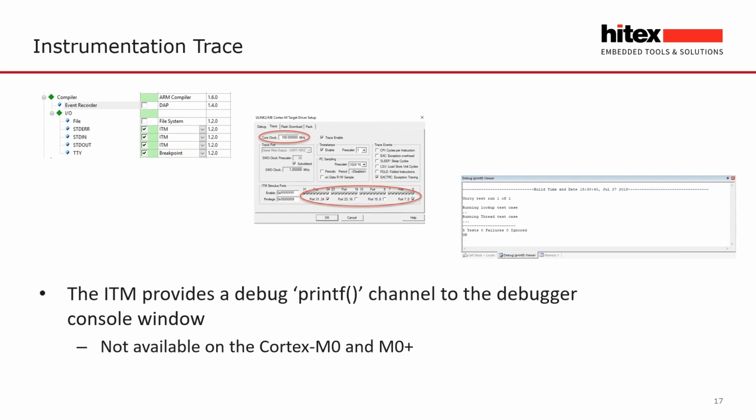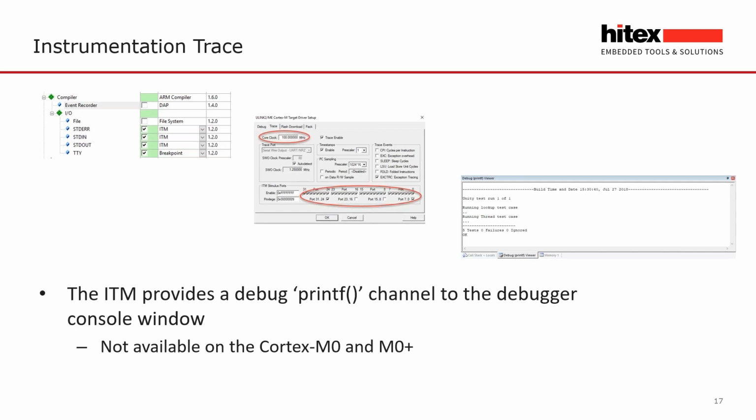This will add a support file to our project that takes the putchar and getchar from printf and redirects them to the instrumentation trace. So it's very easy to convert the software to route debug messages up to the debugger.